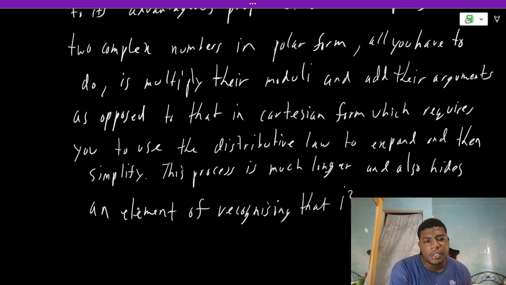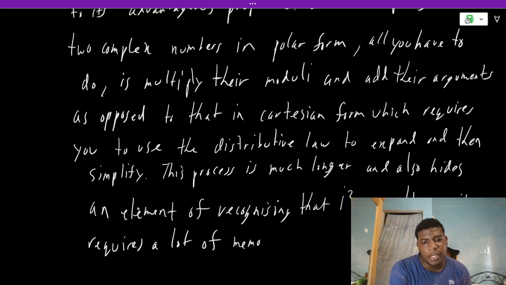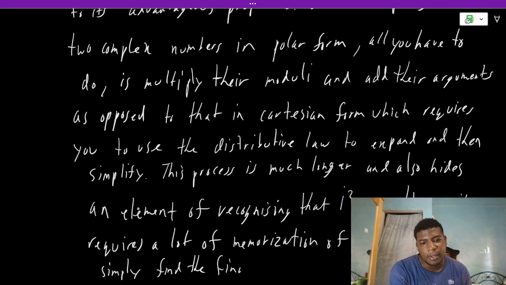Hence it requires a lot of memorization of key attributes to simply find the final answer.